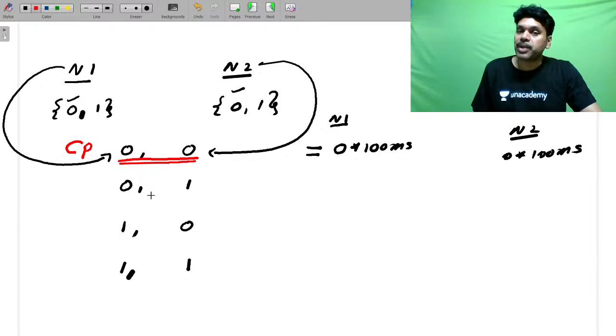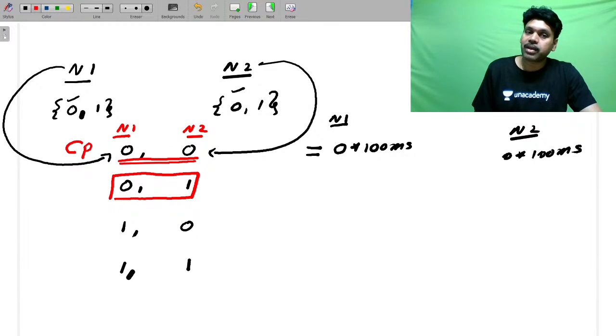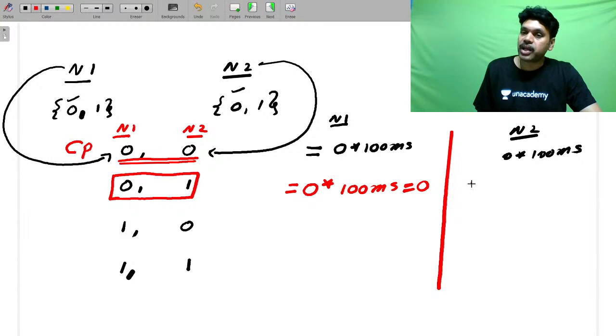And the second combination, if N1 chooses 0 and N2 chooses 1, this is the combination I am talking about. What is N1 waiting time? As you choose 0, it is 0 into 100 ms, which is nothing but 0. If N2 chooses 1, so 1 into your slot number is 1, 1 into 2 into TP is 100 ms. So your waiting time is more than mine.